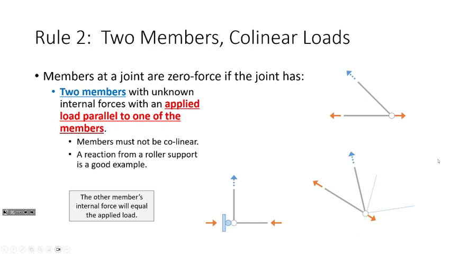Okay? And again, that also can hold true if the truss joint's rotated or if you've got other members framing in that have already been determined to be zero force members. Does that make sense? Now to be clear, this analogy doesn't hold true if there's 3 members framing in because the rule is 2 members framing in, not 3. Sound good?